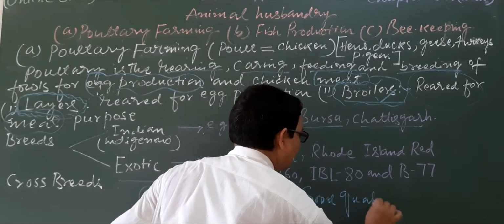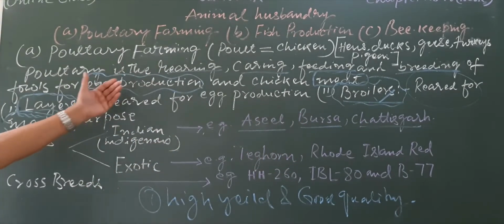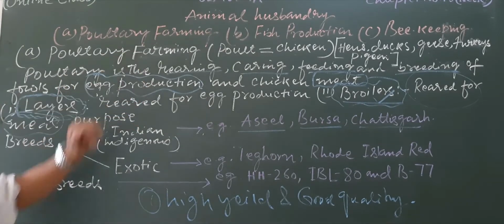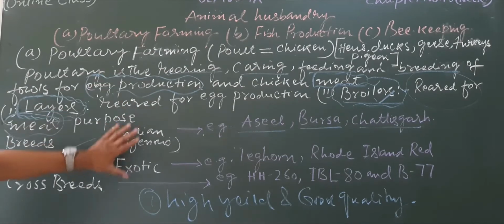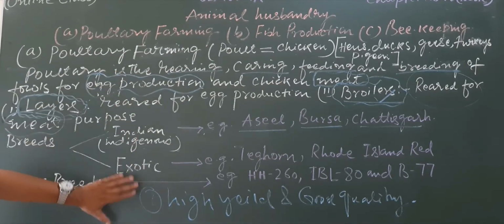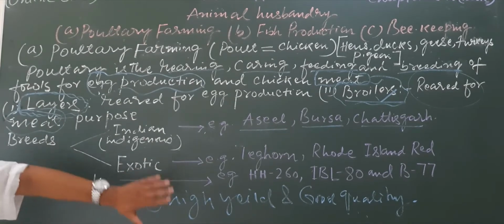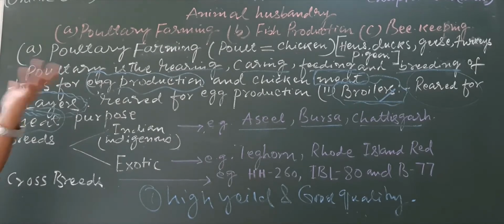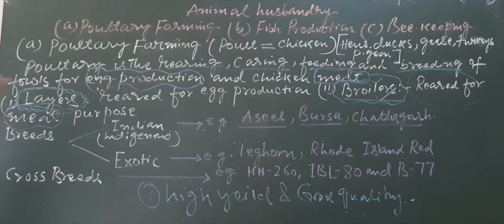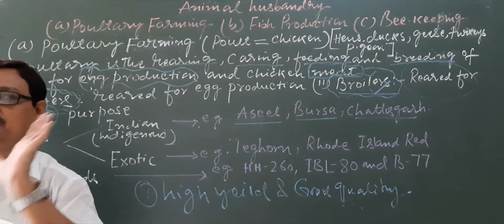Good quality means, if we are talking about sources of protein, that we will get sufficient protein from this product. This is the first, basic and prime function for any type of farming, like poultry farming, fish production and beekeeping. This is the first point.